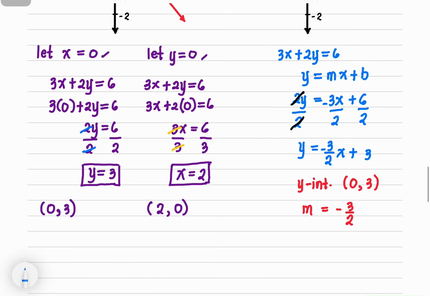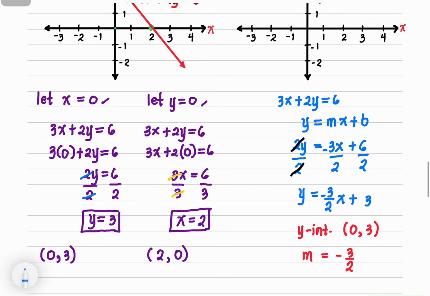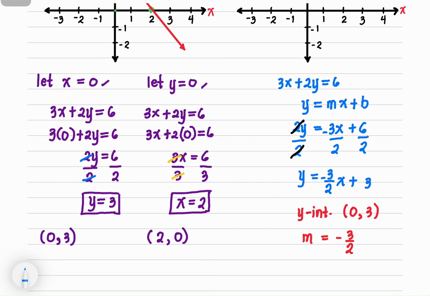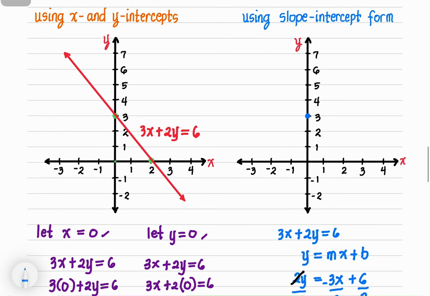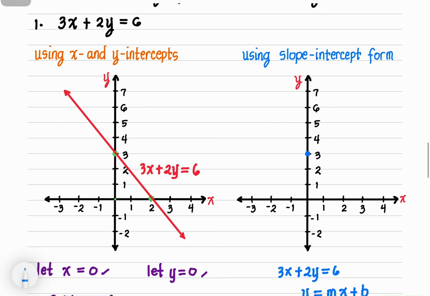And then, yung ating slope which is negative 3 over 2, or 3 over 2. Yung 3 serves as your rise. Yung 2 serves as your run. Kaya nga rise over run. So, tataas tayo ng 3 beses from this point.